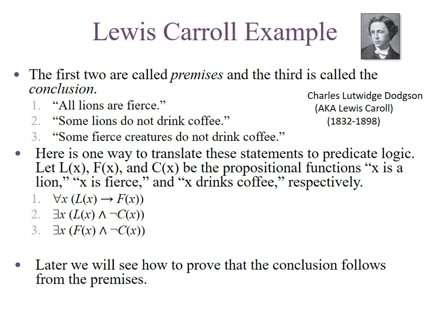So maybe we can partition the domain into two different parts. The first part drinks coffee, and the second part does not drink coffee. Okay. So this tells us some fierce creatures do not drink coffee, right? Because all of them are fierce. So for all these fierce creatures, some do not drink coffee.